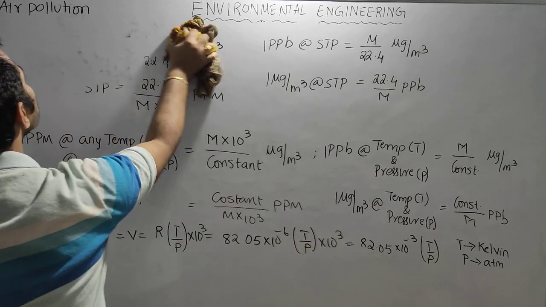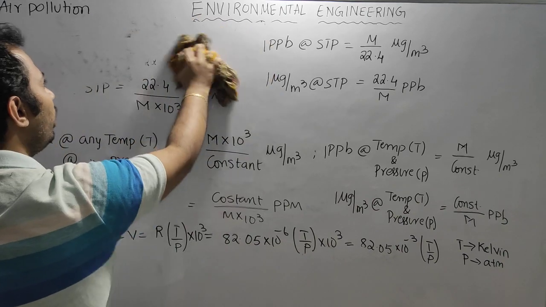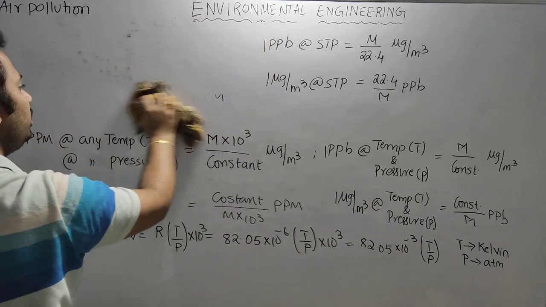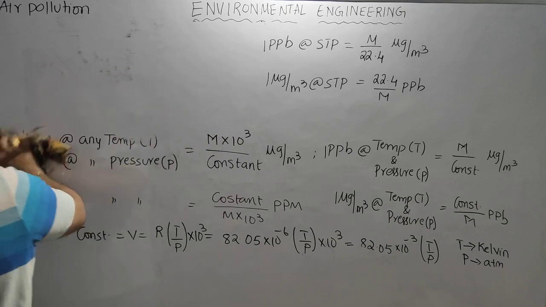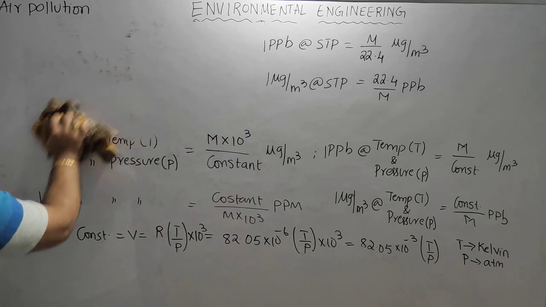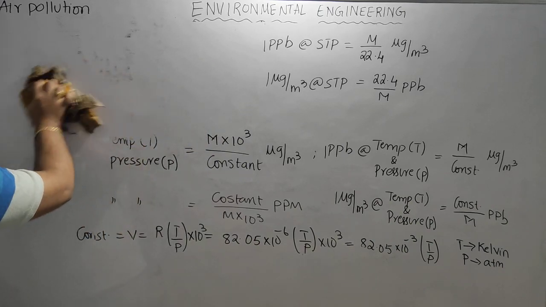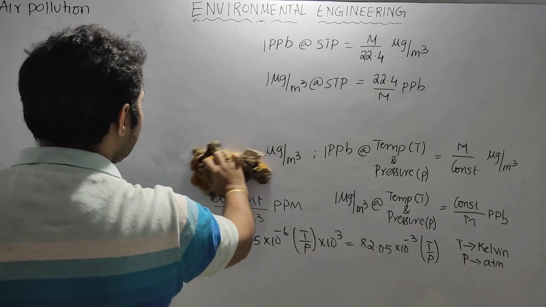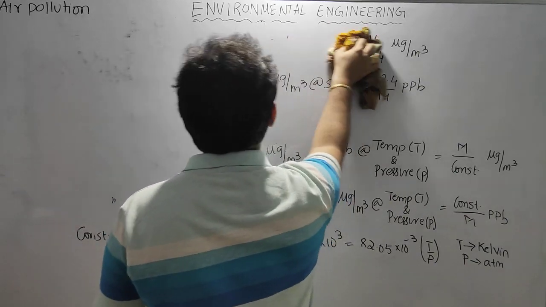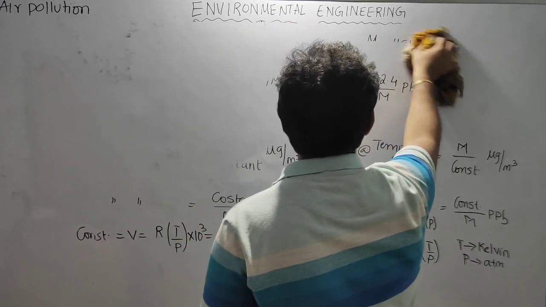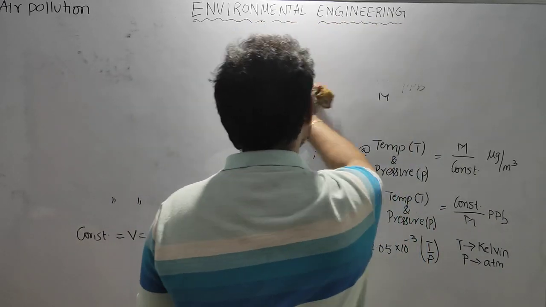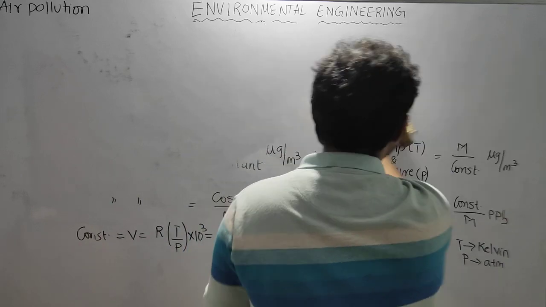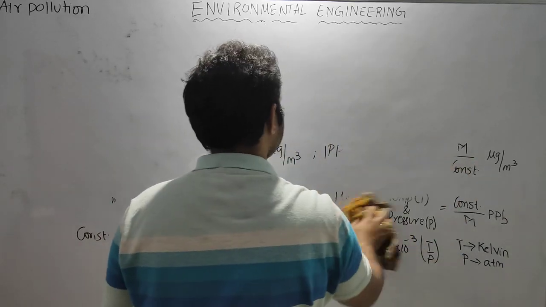So now let us discuss each and every pollutant, the major pollutants in the atmosphere, and we will discuss how we measure each pollutant and what problems are associated with it if it is present in excess.